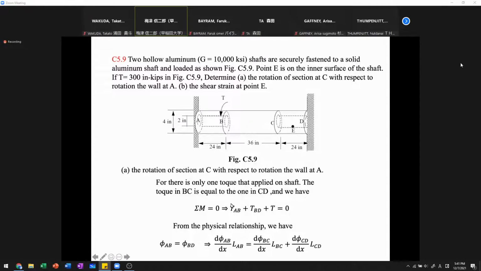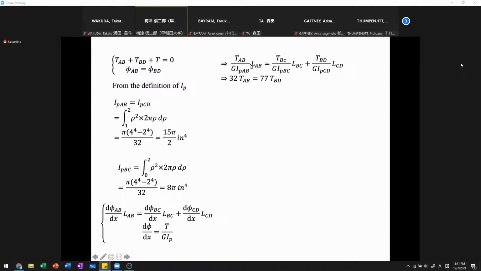As I told you, this is the equation between T and TAB. TAB is not known, and TBD is also not known. So TAB and TBD should be calculated from two equations.